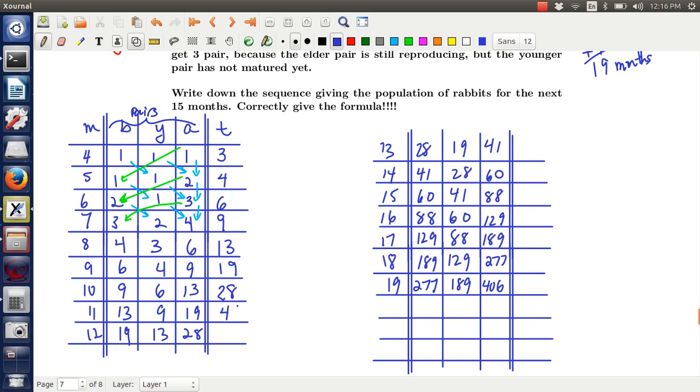41. Double check that I'm not lying to you, because you shouldn't just take my word for it. You should think about whether it makes sense. And so then you get 60. Is the next one going to be 88? Double check. Should be 129. Double check. 189. 277. 406.